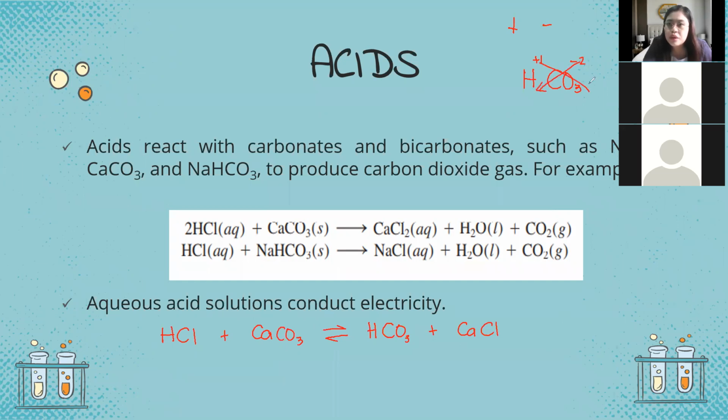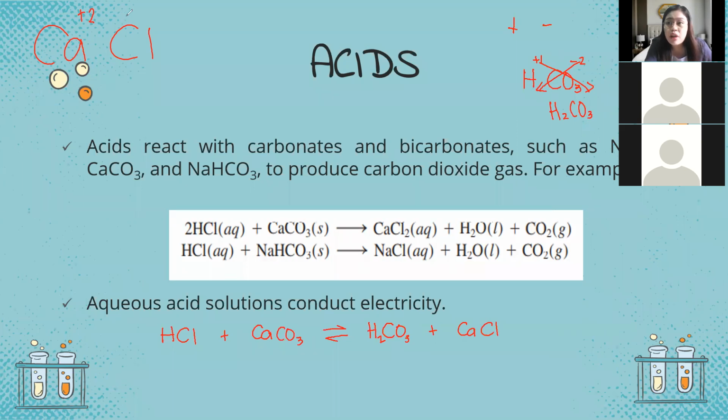Therefore, we need to do the crisscross. Therefore, the correct chemical formula for the combination of hydrogen and carbonate is H2CO3. And then if we look at calcium chloride, CaCl, calcium belongs to group 2A, so this is positive 2.